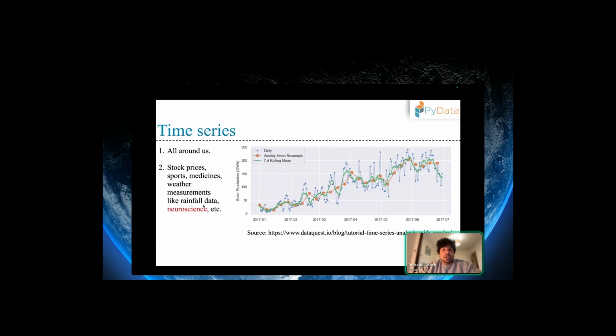There are player movements that get tracked with respect to time, and it creates a rich data set that you can analyze and come up with different models to advise managers or teams. You can find time series in medicine as well, in weather measurements like rainfall data, which is also a very rich data set that people work on from time to time, and especially neuroscience. And this is my focus. That's my recent interest.